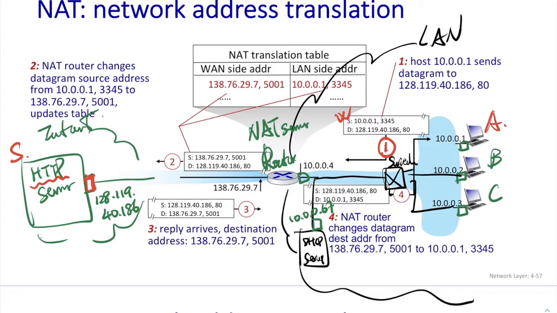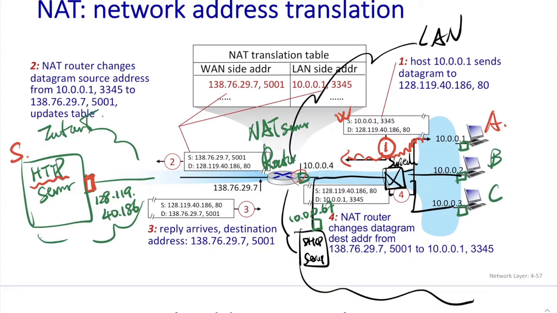As we mentioned before, every packet transmitted in the LAN can be received by B, C, and the DHCP server, and again the router, which now acts as a NAT server. So when the NAT server receives such a datagram, it takes a look at the source IP address and the destination IP address, and it says, okay, a private IP address would like to talk to a public IP address.